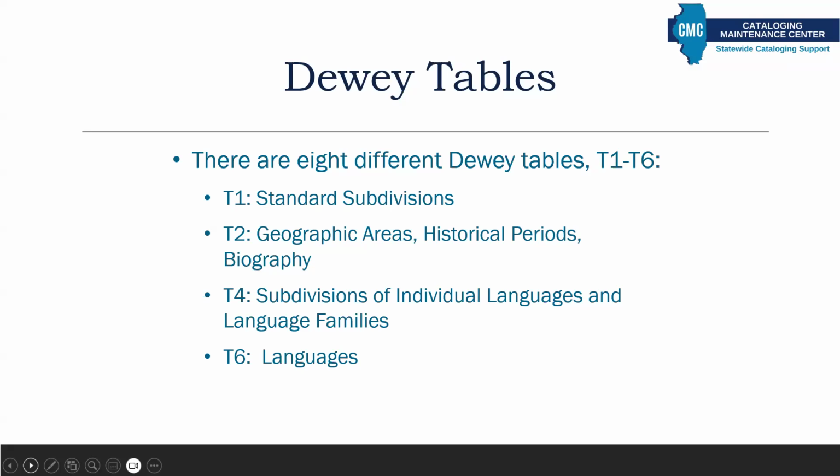So we start with translations of the Quran at 297.1225. From here, we're navigated to the T6 table, and then to the 9.1 notation for Celtic languages. And there we find Irish Gaelic at 9162. So a translation of the Quran would be found at the Dewey number 297.12259162.